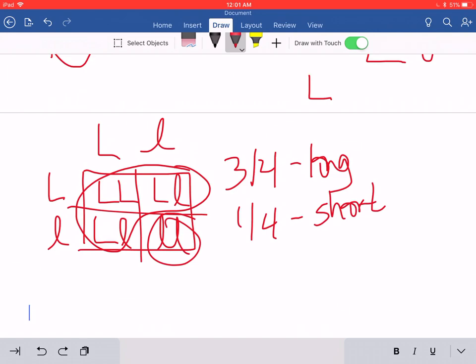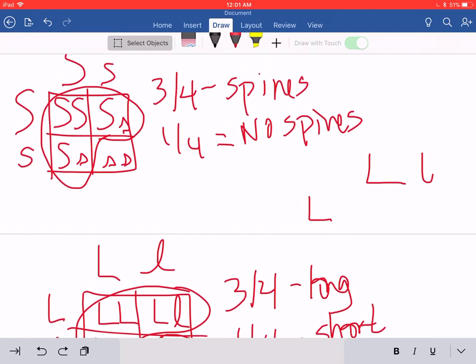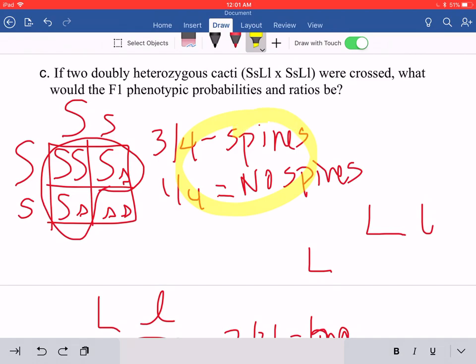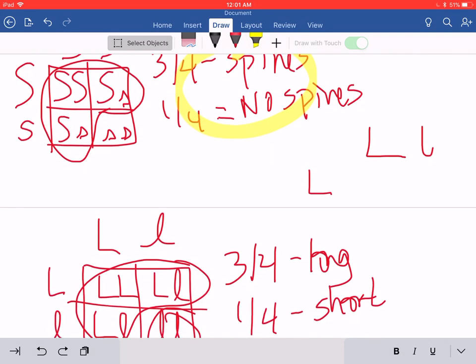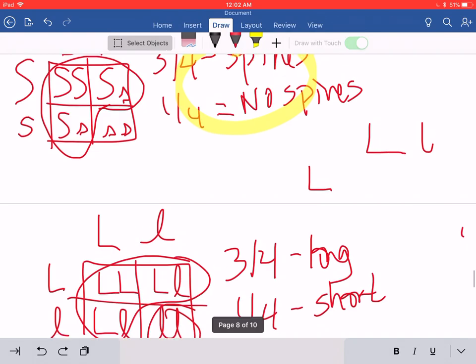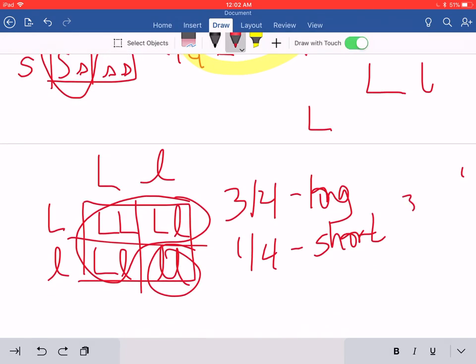Now we can look at the phenotype probabilities and ratios. And we have to combine the information that we got from both of our Punnett squares, okay? I'm just going to write this down here again so that it's easy for us to see. So 3/4 have spines and 1/4 have no spine, okay?